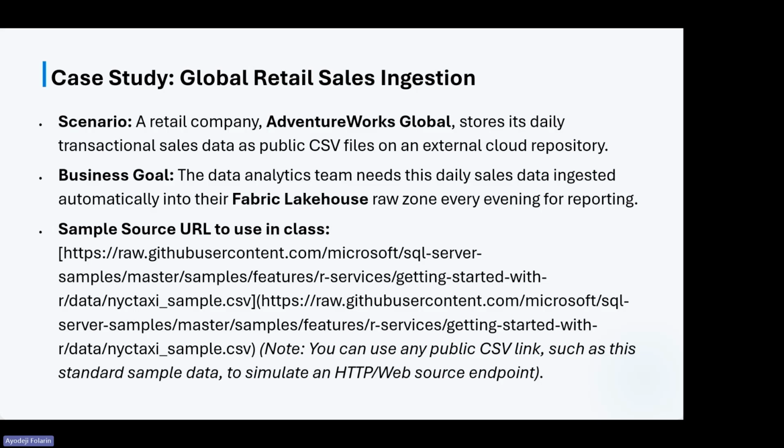What is the business goal? What are we trying to achieve? The data analytics team needs this daily sales data ingested automatically into the Fabric Lakehouse raw zone every evening for reporting purposes.